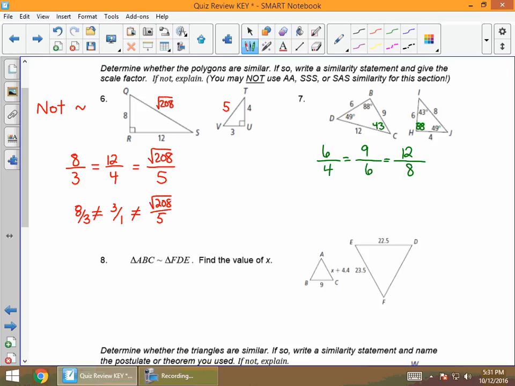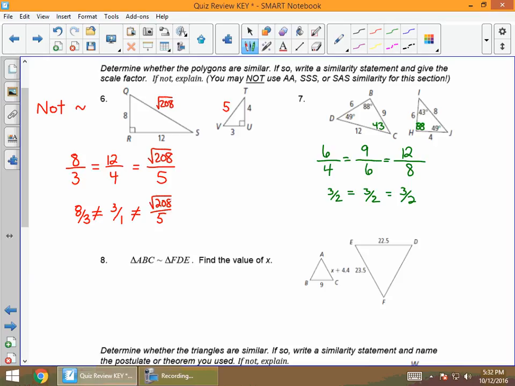And when I go to simplify these, 6 over 4 reduces to 3 over 2. 9 over 6 reduces to 3 over 2. So those two are the same. And 12 over 8 reduces to, you guessed it, 3 over 2. So these two triangles are in fact similar.